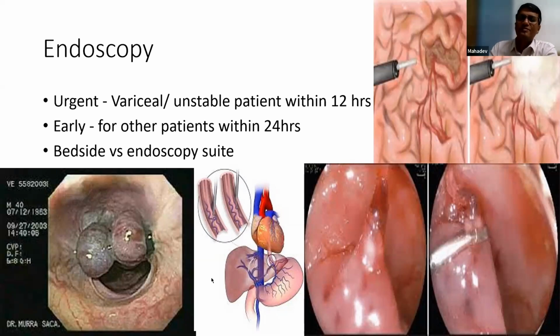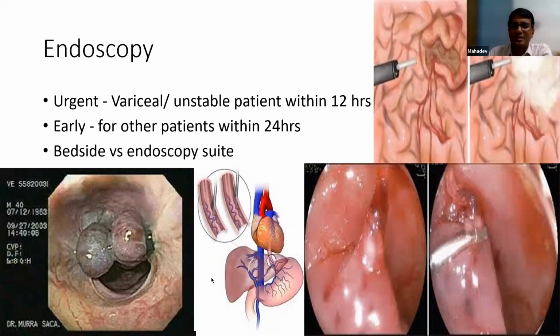But the disadvantage is for the endoscopist, because the endoscopy staff and the medical gastroenterologist are used to their procedures in the endoscopy suite, and the endoscopy table, suction, all those things will be suitable. And if any accessory is needed, it is easily accessible for them.